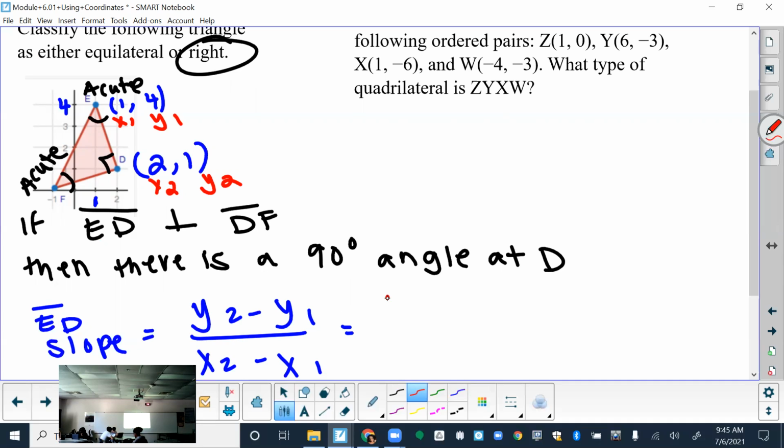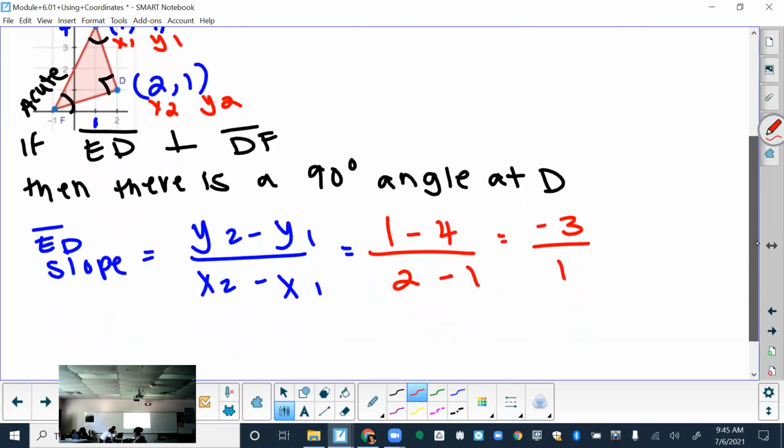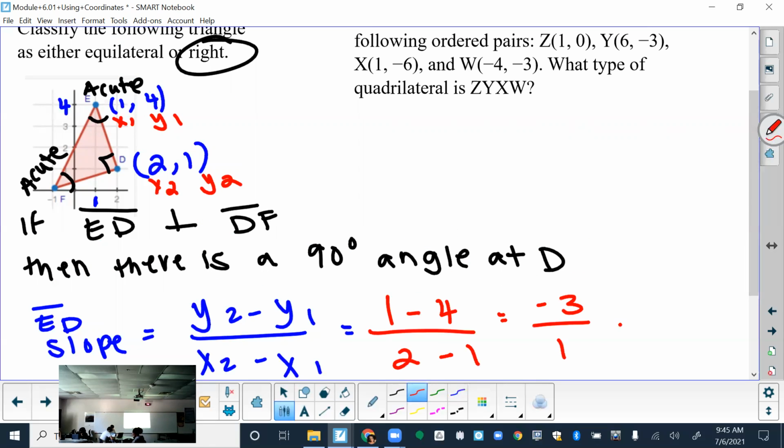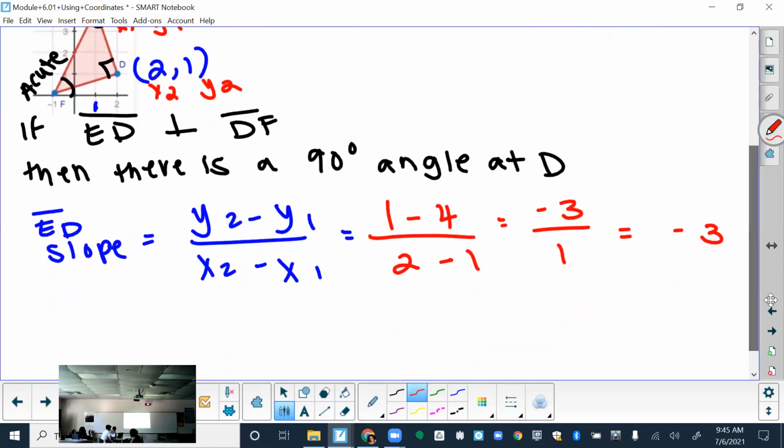Try it on your own paper, I'll do it on the screen. If you got the slope of -3 for ED, then you're on the right track. If you didn't, look up at the board and see where you went wrong.